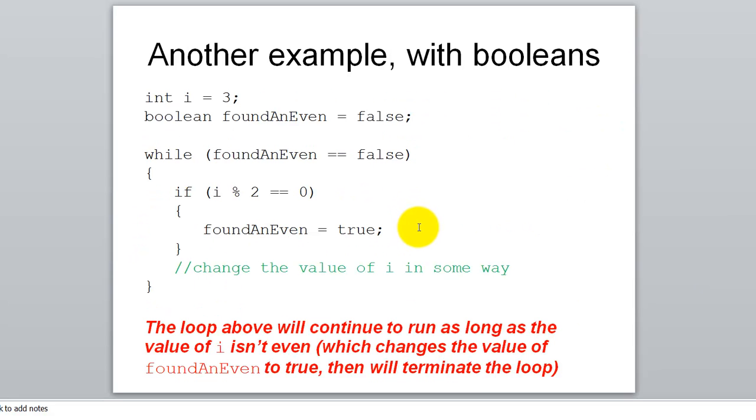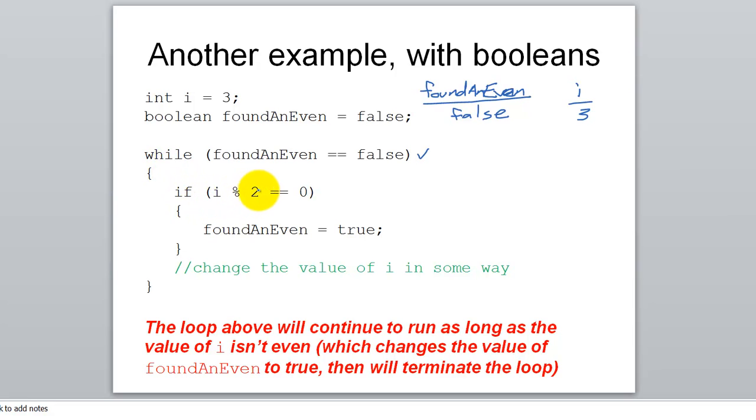Now your sentinel doesn't have to be a number. Your sentinel could be a boolean. So here's another example where we're asking the user to type in numbers, and we're going to keep running this loop until we encounter an even. So we have this variable called foundEven, and we set it equal to false. We have another variable i, and it is equal to 3. Now, while foundEven is false, it is false, so we're going to run this while loop.